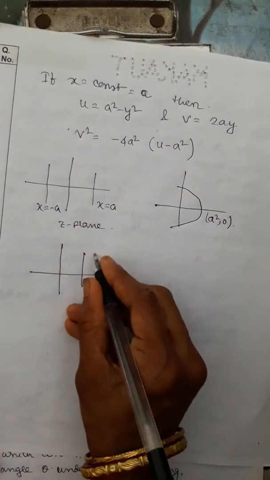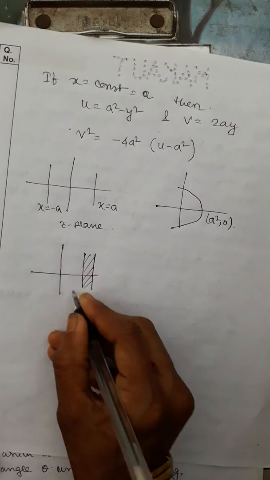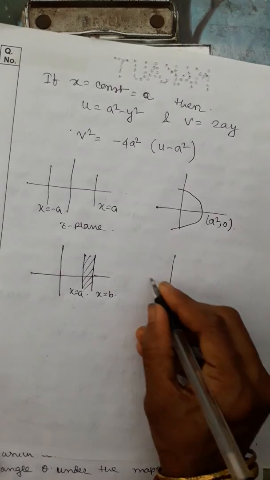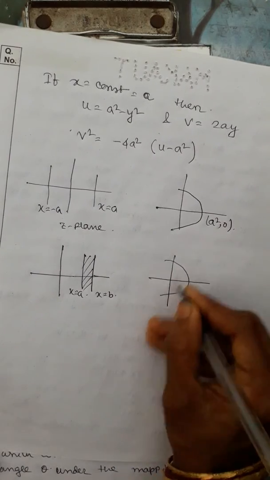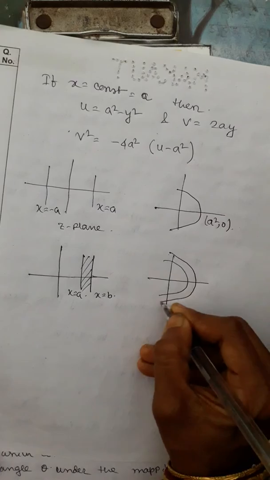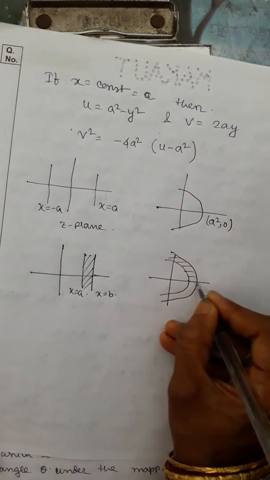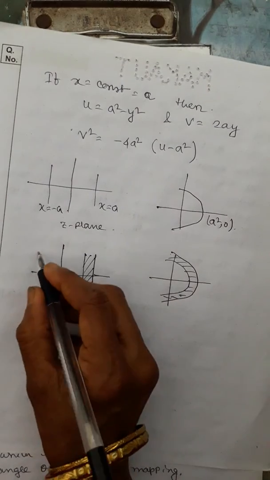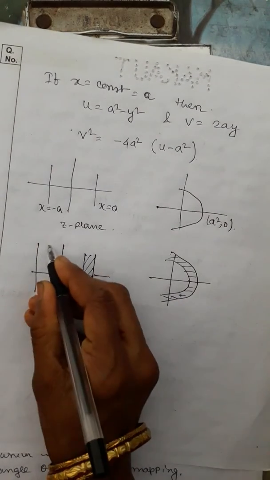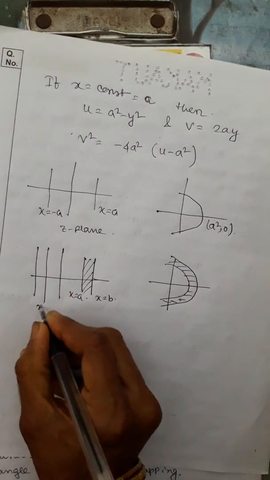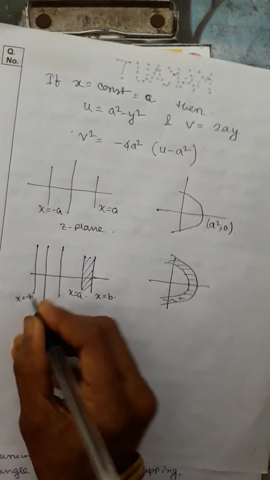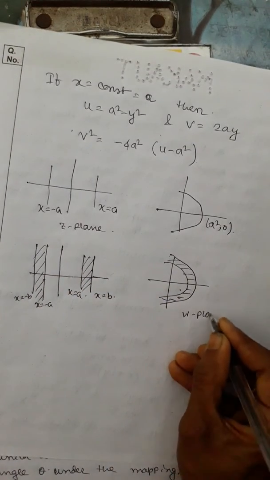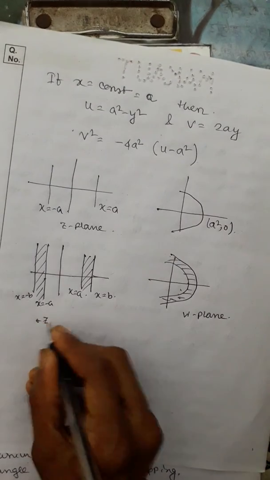Say this is the strip, this is x = a, this is x = b, then in the w plane this is the parabola. And if we consider the strip x = −a and x = −b, we get the same parabola. This is for the w plane and this is for the z plane.